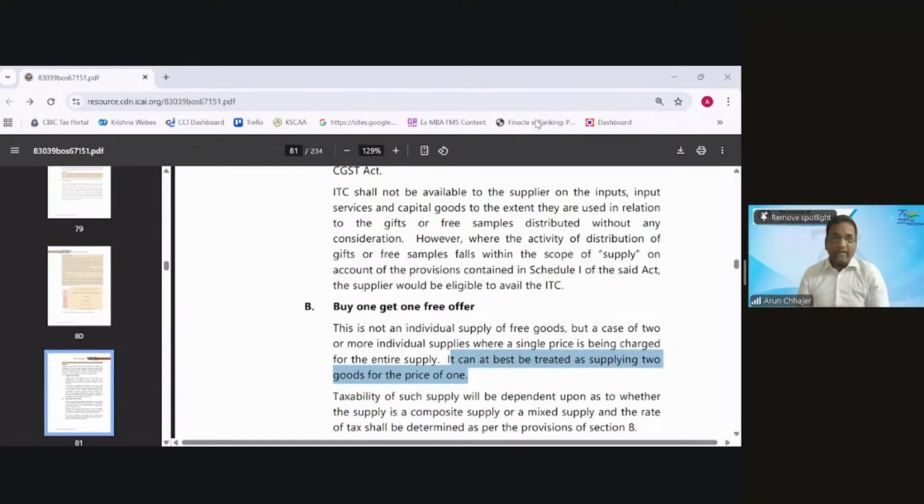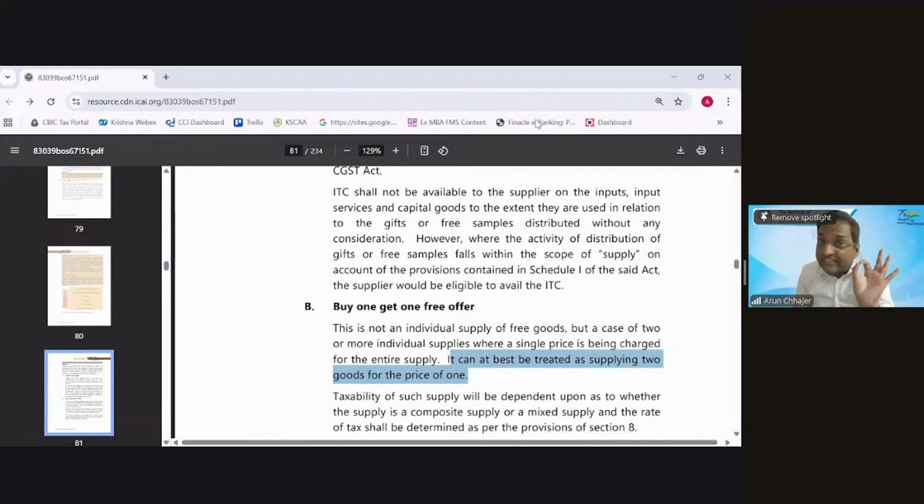No. It says that it should be naturally bundled and one should be principal, another should be ancillary. Meaning thereby, in the composite supply, price can also be single, no problem. Or price can be different, no problem.